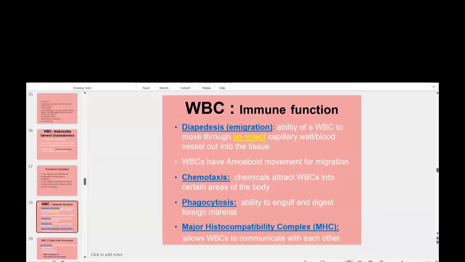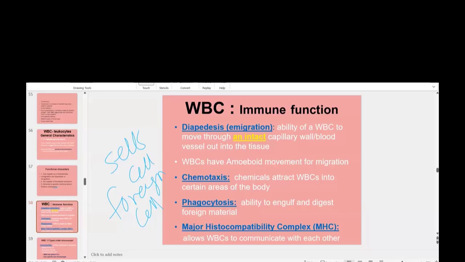After knowing that, if it's a friend, it means it's a self cell, an own cell, and it's not going to attack it. Or it's going to be a foreigner, a foreign cell. So the MHC present on the cells is going to present, they're called antigen presenting cells.